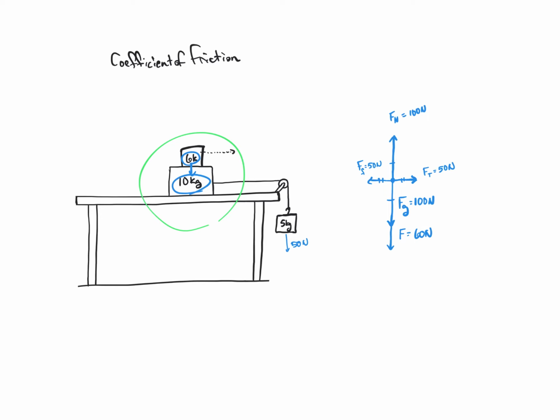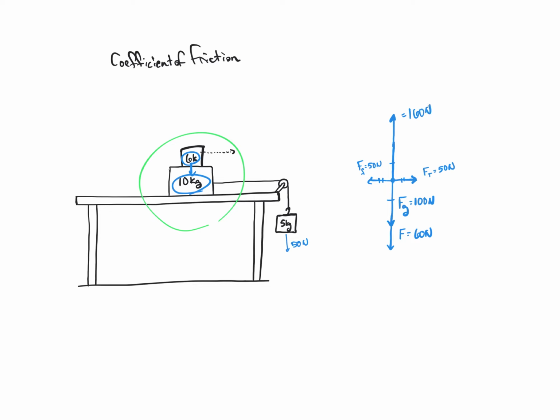Obviously, it's not now falling downward. So the normal force actually has to respond. The table responds with a force up equivalent to the total force down of 160 newtons.